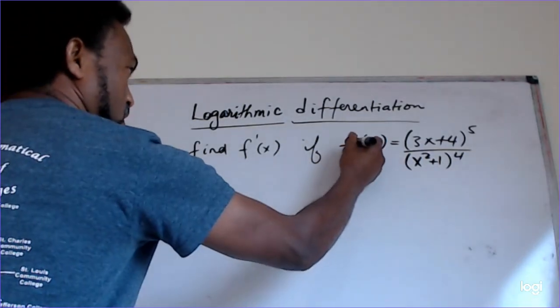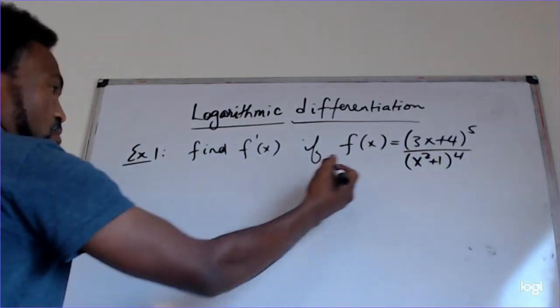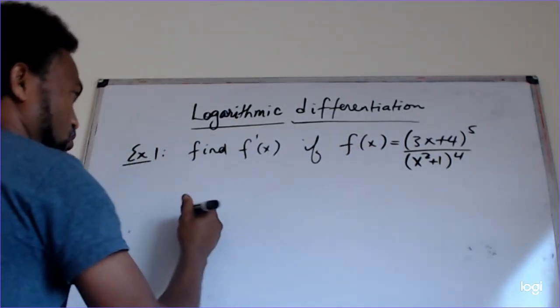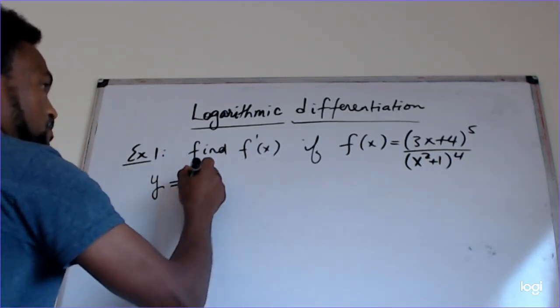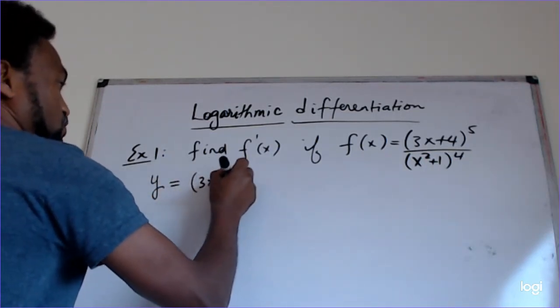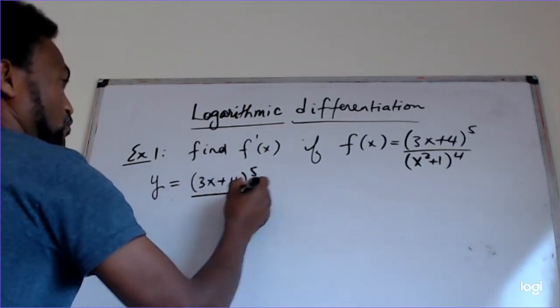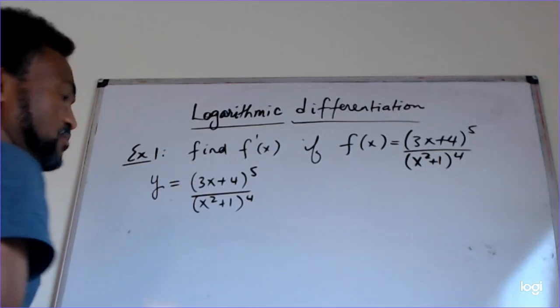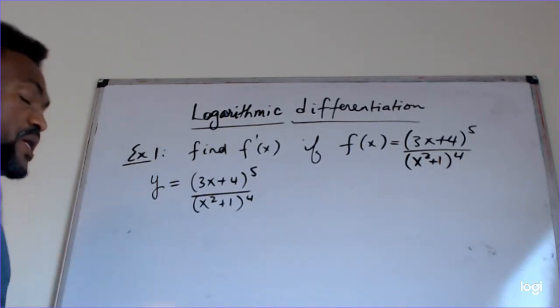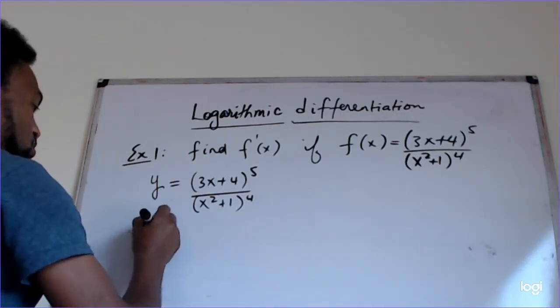To make things easier again, instead of f of x, I will just change it to y. So I will start with y equals (3x plus 4) to the power of 5 over (x squared plus 1) to the power of 4. I'm just rewriting it, and then I take the natural log of both sides, which means base e.